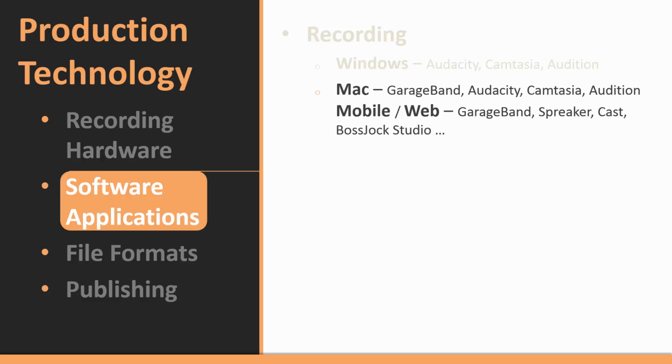For Mac, of course, you have GarageBand, which is also a mobile app. And there's also a Mac version of Audacity, Camtasia as well, and Audition as well. On the mobile web environment, in addition to GarageBand, you also have some really popular apps like Spreaker, Cast, and BossJock Studio. There are plenty of others, but those are three that you tend to see utilized a lot by the professionals.